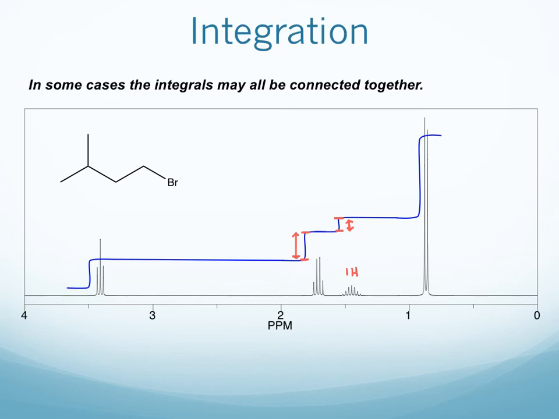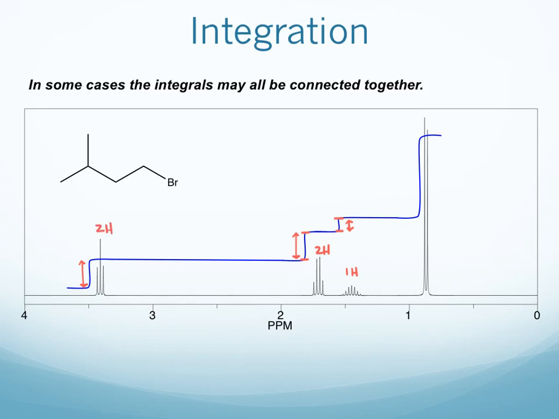So from there, we can say that this would be an integration for 2 hydrogen. And then the height of this particular integral here looks to be the same as the height of the integral here with the most downfilled signal. So for that reason, this one will also integrate for 2 hydrogen.